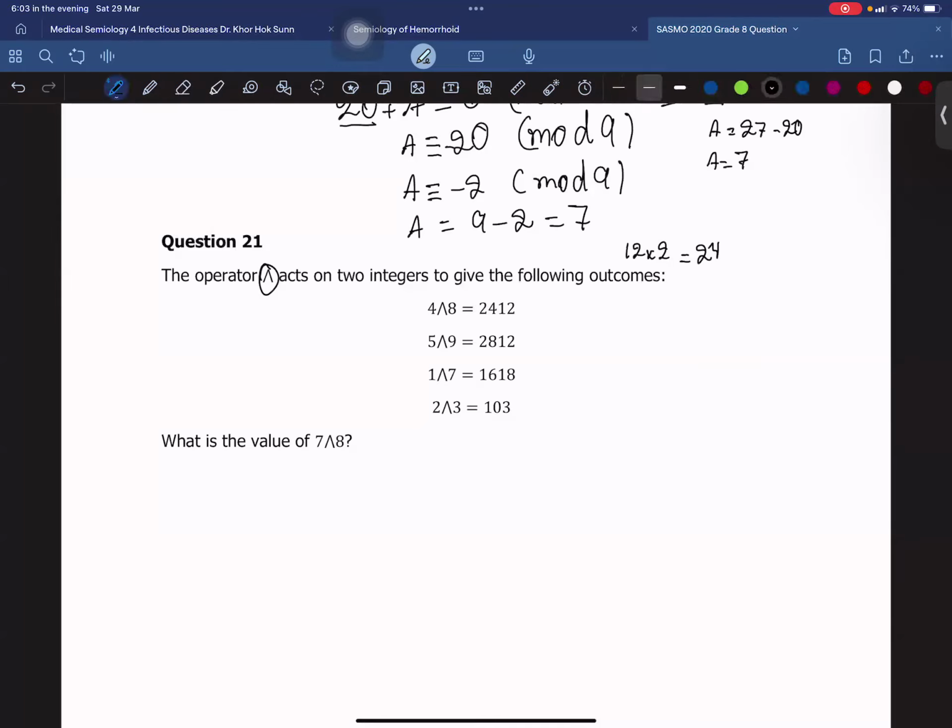Okay, so the first digit, like 24, we got 2 times 8 plus 4, and it's the first two digits, and the last two digits are going to be 4 plus 4. 8 plus 4 is going to be 24 and 12, like what is given.